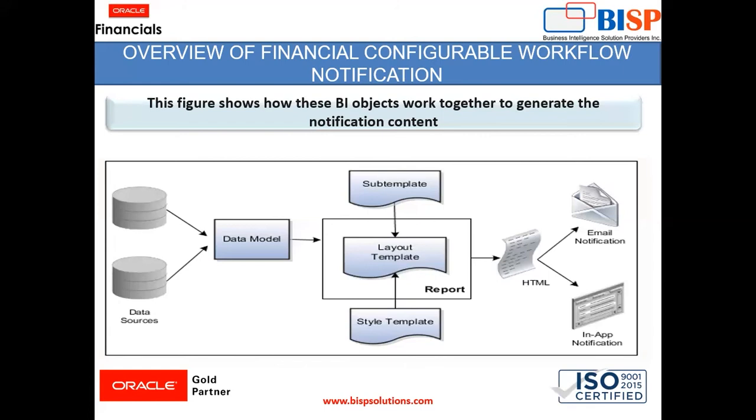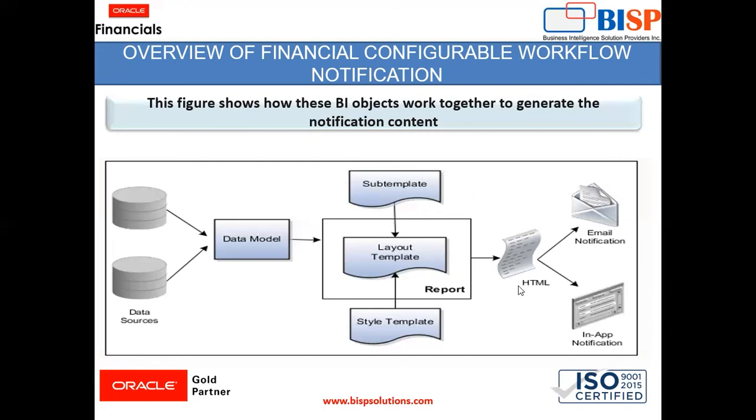Now the report. The report contains a layout template. In this template, what we determine is which attributes appear in the notification and what the notification will look like. All this is determined in the layout template. Now moving further to the HTML.